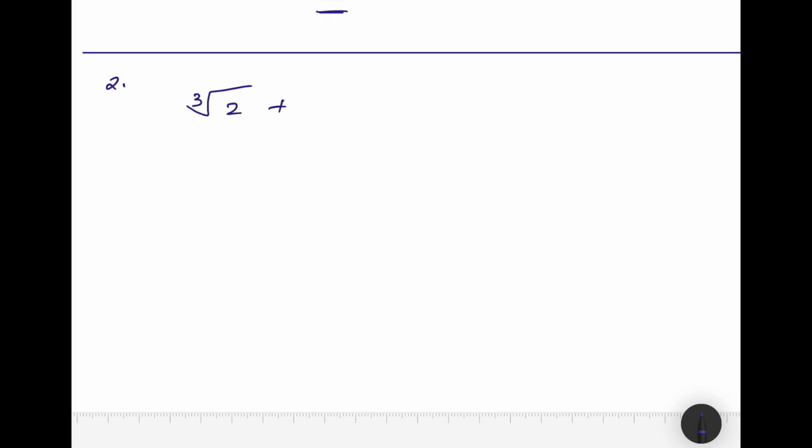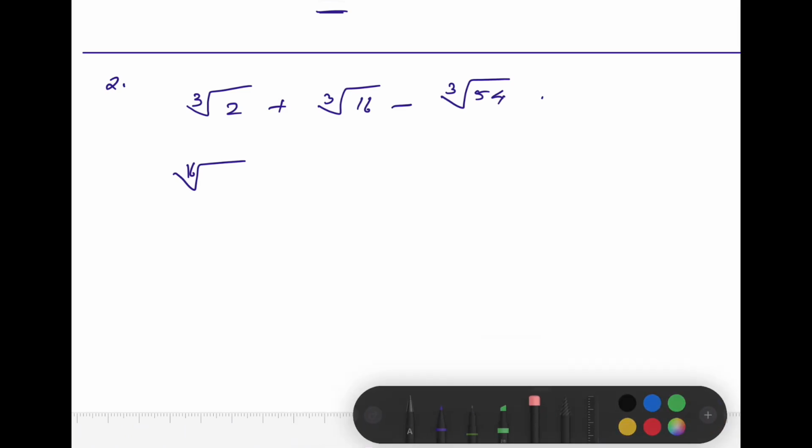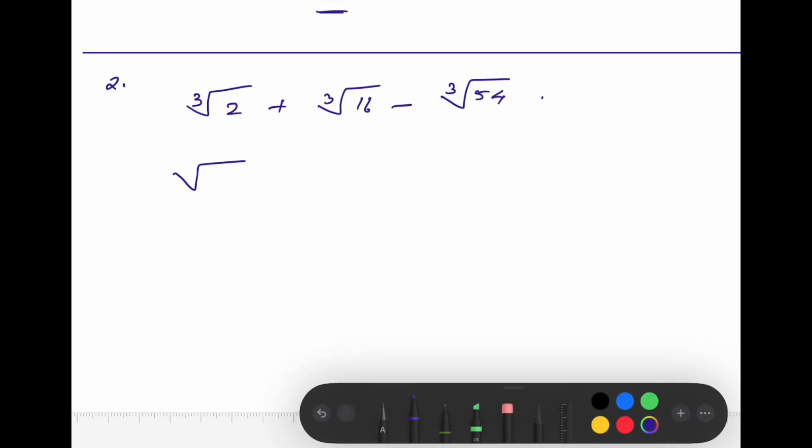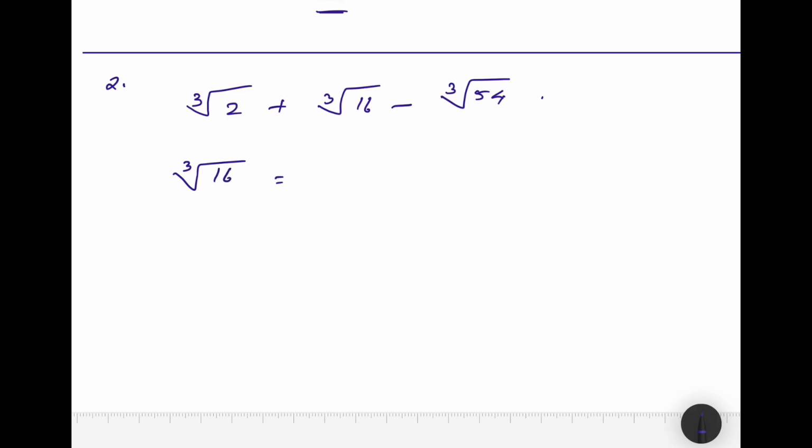Cube root of 2 plus cube root of 16 minus cube root of 54. So now we have to simplify these. So cube root of 16 is equal to, 16 can be written as cube root of 2 into 8, that is 2 to the power of 1 by 3 into 8 can be written as 2 cube into 1 by 3.